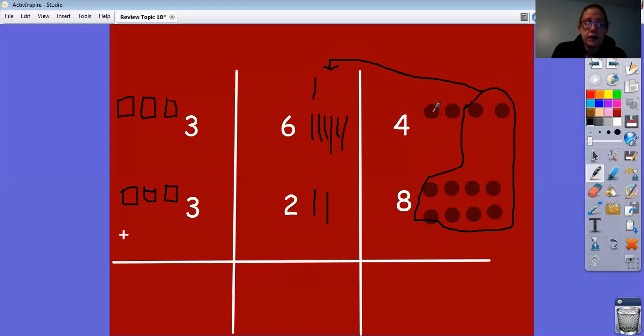And let's see how many we have left. 1, 2. 2 1s left. I'll put my 2 here. And I took this group of 10, I moved it over here. So now I'm going to count my groups of 10. 1, 2, 3, 4, 5, 6, 7, 8, 9 groups of 10.